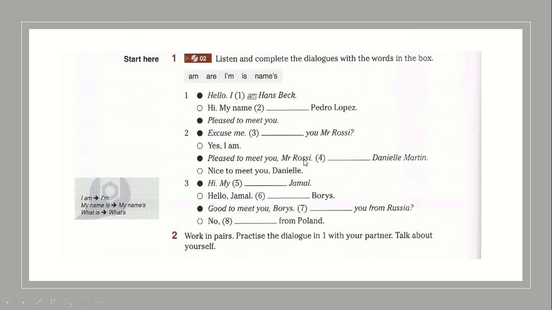Pleased to meet you, Mr. Rossi. Space, Daniel Martin. Nice to meet you, Daniel. 3. Hi, my, space, Jamal. Hello, Jamal, space, Boris. Good to meet you, Boris. Space, you from Russia? This is a question. No, space, from Poland. Okay, are you ready? Now let's start listening.